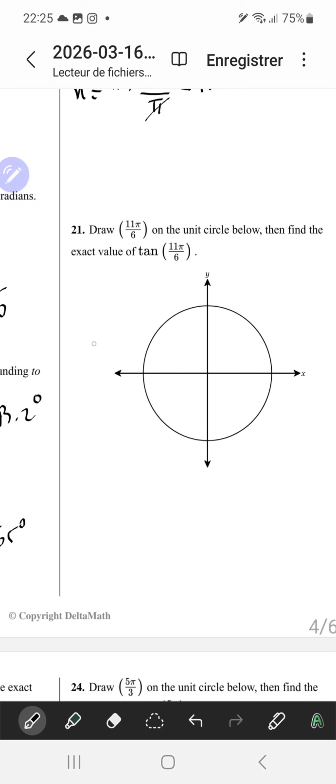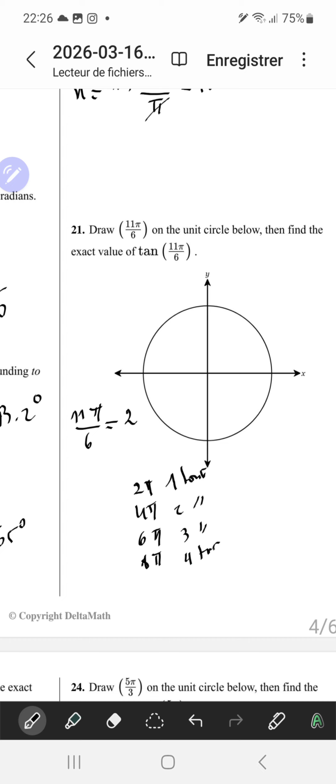So here the idea is to transform this to a pair number, like 2 pi, 4 pi, 6 pi, 8 pi. All this is one tower, this is two towers, 3, 4 towers. If we have towers, we can eliminate them because we come back to the same point on the unit circle.